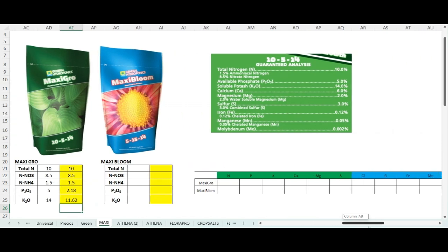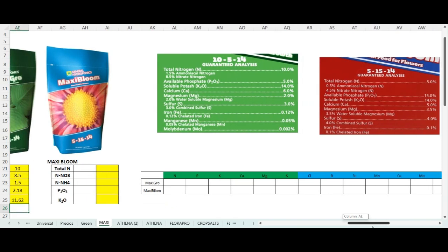We do the same for MAXIBLOOM. We have 5% total nitrogen. Then we have nitrate nitrogen, 4.5. Stays the same. Then you have ammoniacal nitrogen, which is 0.5, stays the same. For the P2O5, you have 15.